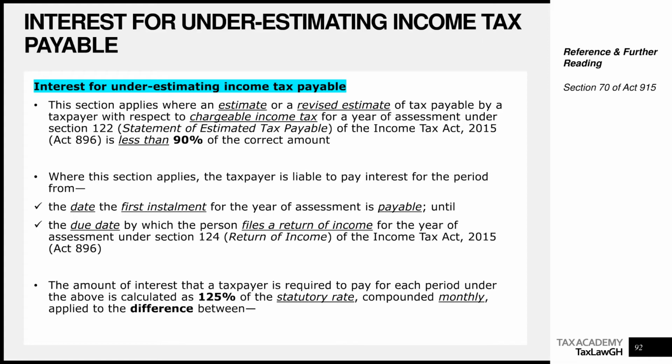So if you don't get the calculation correct, then it's only fair that they impose interest. So you have a 10% margin of error. You have to be 90% correct. Now where you are outside this 10% margin of error region, then you are liable to pay interest for the period from when your first installment was payable. Remember I said installments are payable on a quarterly basis.